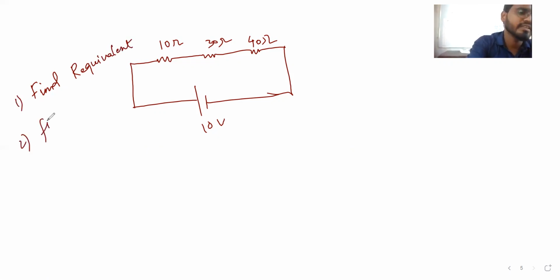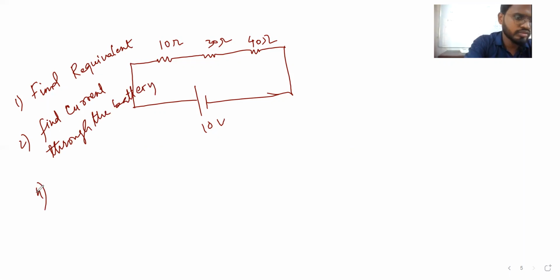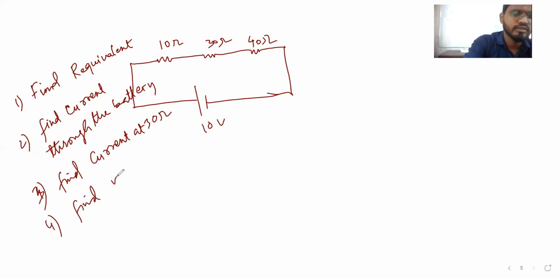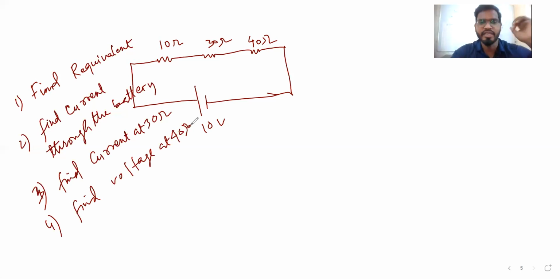Second is, find current through the battery. Third is find current at 30 ohm. Fourth is find voltage at 40 ohm. Let's see. First, equivalent resistance.